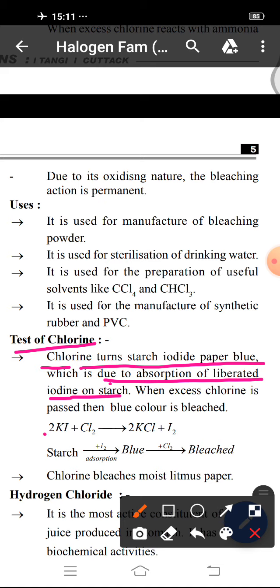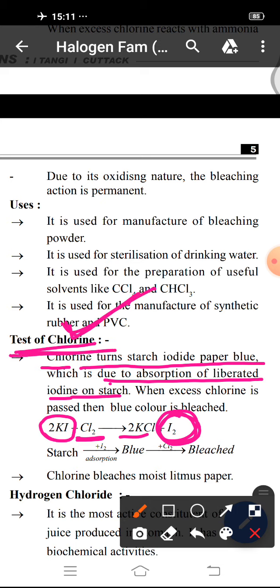When KI, starch iodide, reacts with chlorine gas, it forms KCl and I2. This I2 molecule, when deposited on starch paper, looks blue. That means the gas which turns starch iodide paper blue must be chlorine gas.